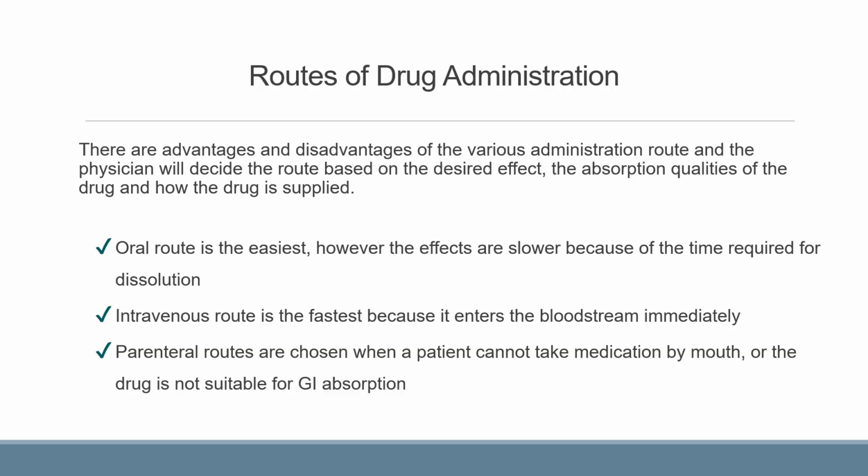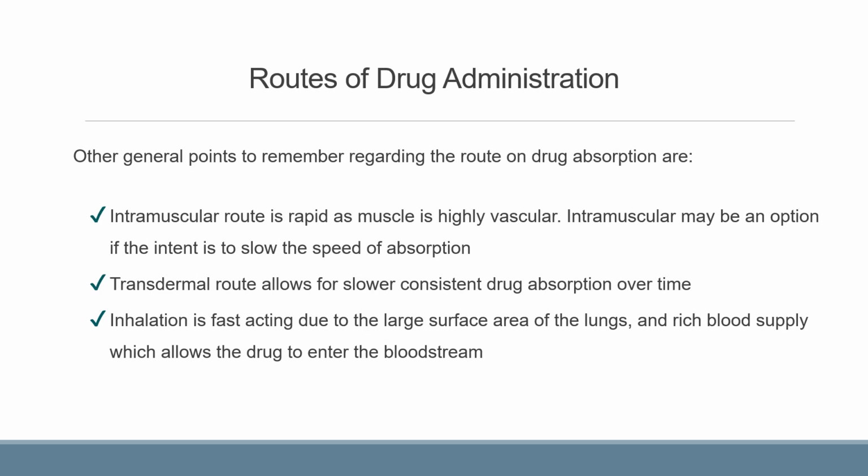Parenteral routes are chosen when the patient cannot take a medication by mouth or the drug is not suitable for GI absorption. Other points to remember regarding the route on drug absorption: intramuscular route is rapid as muscle is highly vascular.